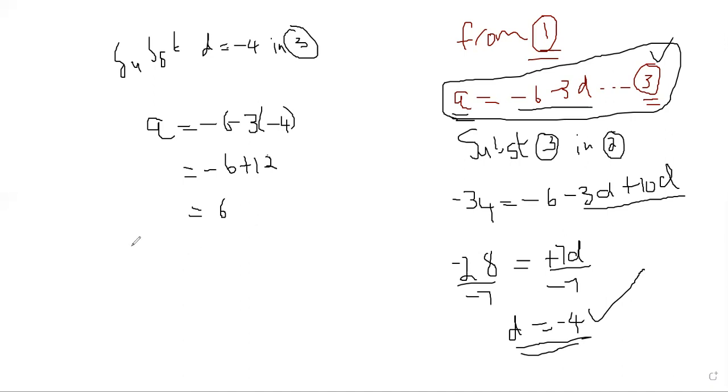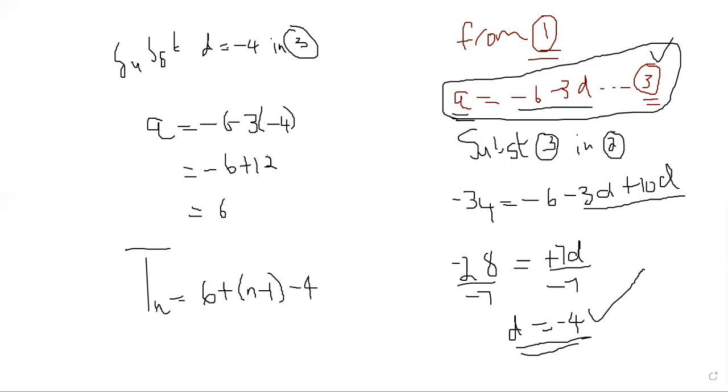And then from there, we will have our complete equation being Tn is equal to, for A, we already know it's 6, 6 plus n minus 1, our difference is negative 4, right?